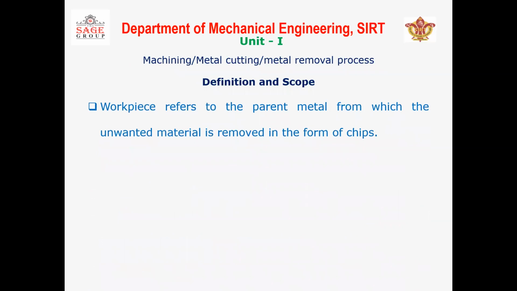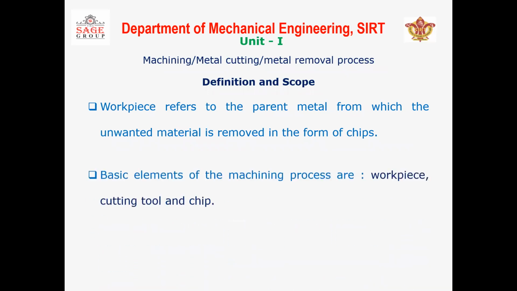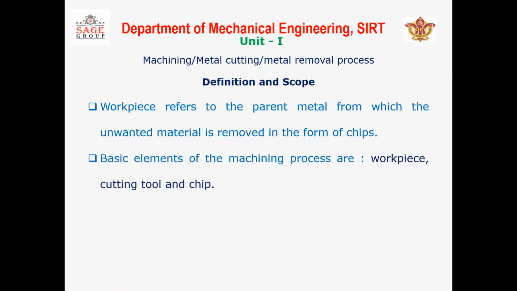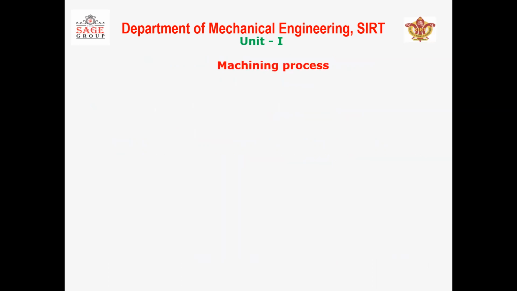Workpiece refers to the parent matter from which the unwanted material is removed in the form of chips. The basic elements of the machining processes are workpiece, cutting tool, and chip. These are the basic elements involved in the machining process.